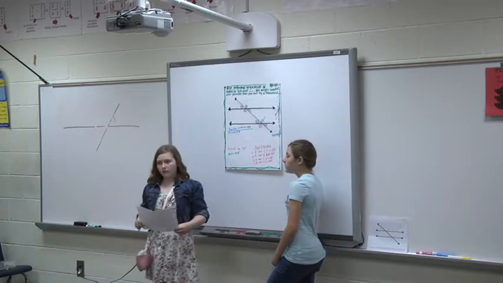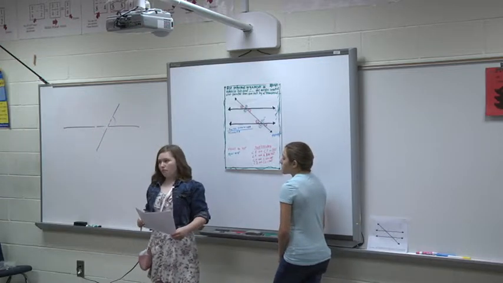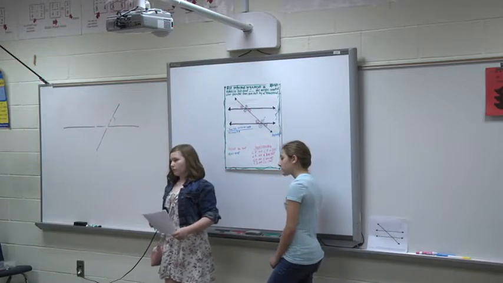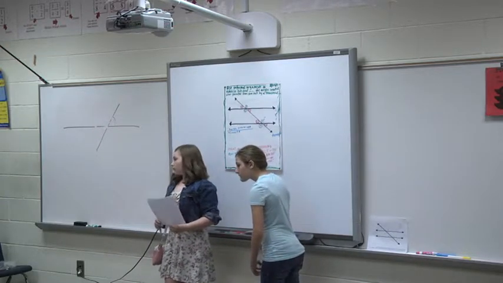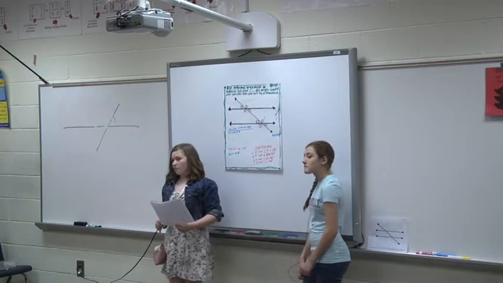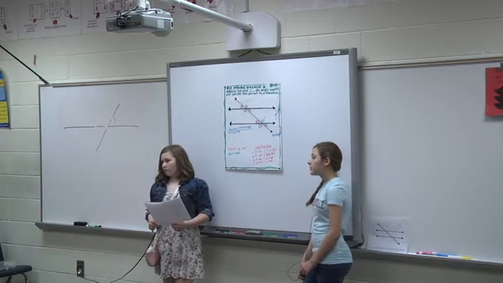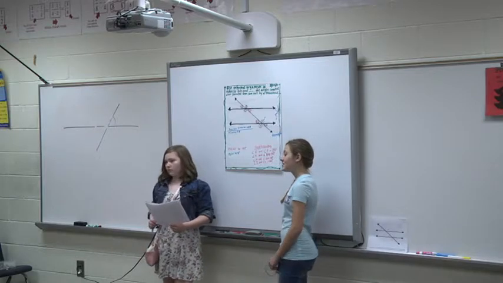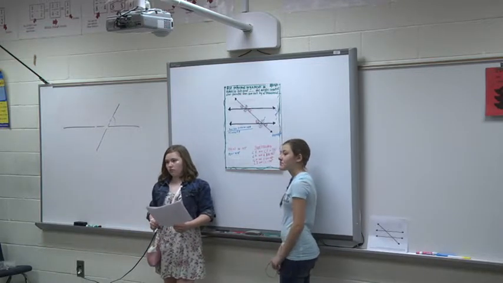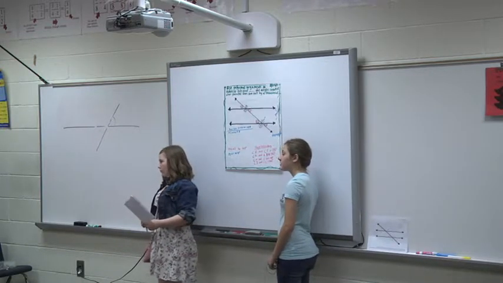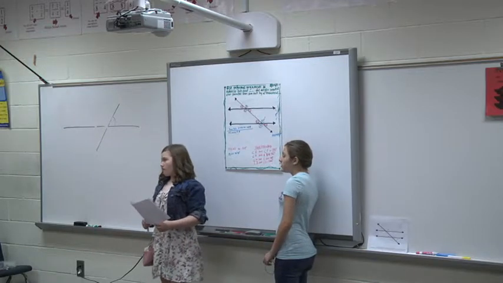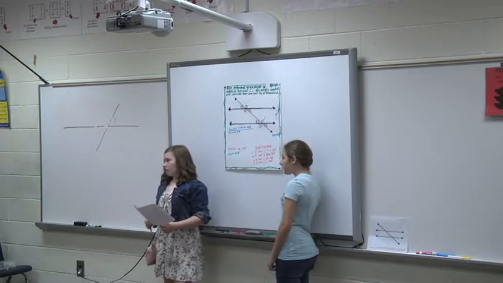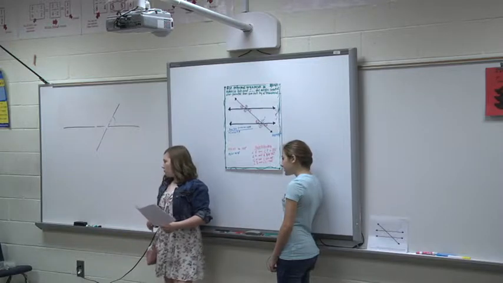Okay. What do you think it is? 95. You think it's 95? Is that right? Yeah, whoever said 95. Who said that? Tell us how you know. Go ahead, say it. I just subtracted 85 from 180. Why did you subtract it from 180?